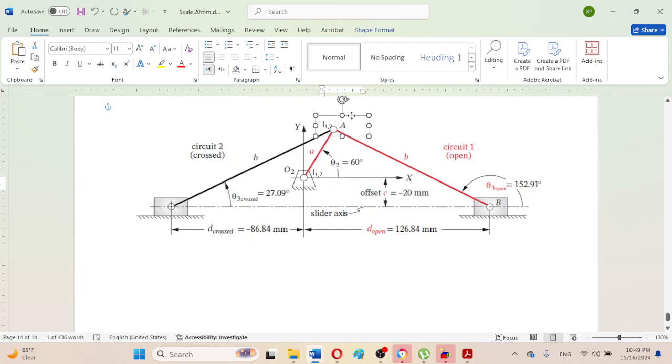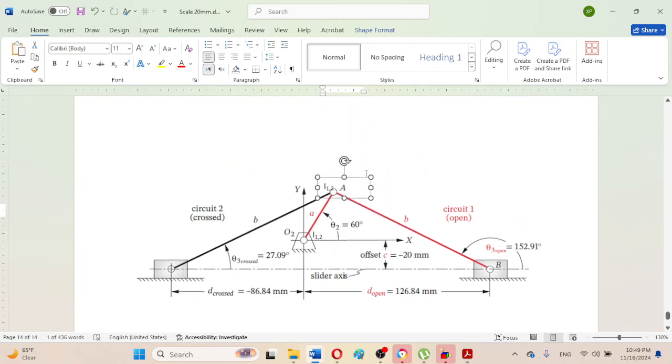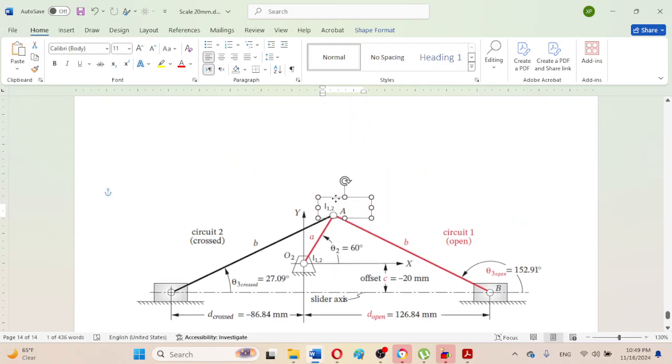So simply copy and label the other instant centers as explained in the class. This is a permanent instant center because this is link number 2 and this is link number 3, the connecting rod, which is in complex motion.